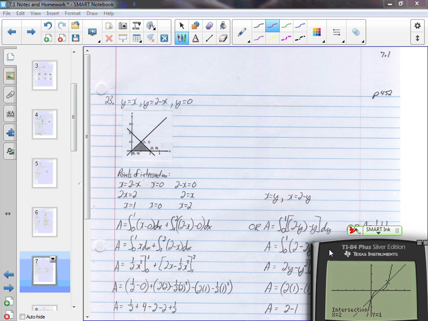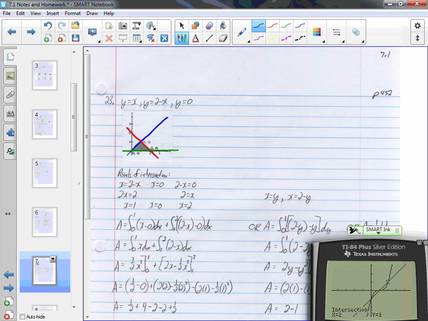The directions say, sketch the region bounded by the graphs of the algebraic functions and find the area of the region. So we have y equals x, and y equals 2 minus x, and y equals 0. So here's the graph of y equals x. Here's the graph of y equals 2 minus x, and here's the graph of y equals 0.